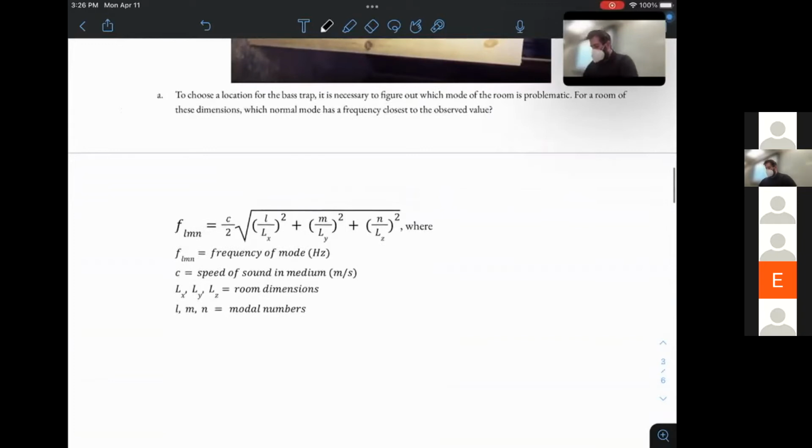So here's your equation. There's nothing you need to do here except plug stuff in and then iterate through values of L, M, and N. You can do this in MATLAB, that's the way I would recommend doing it. I made myself a little array of the first 7 modes. Don't worry about going to L equals 99, or M equals 0, N equals 0.